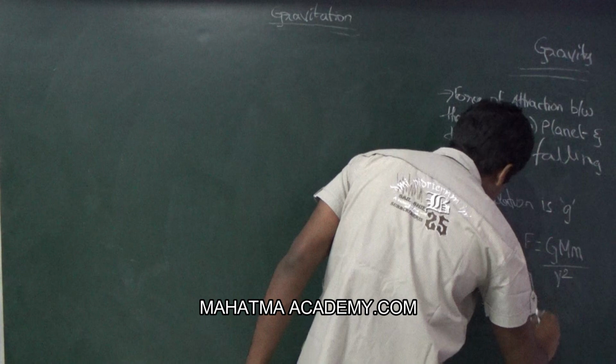The mass of Earth is 6 into 10 to the power of 24 kgs and the radius is 6400 kilometers, and the gravitational constant is 6.67 into 10 to the power of minus 11 Newton meter per kg to the power of minus 2, and we got the value of g on Earth as 9.8 meter per second square. For the moon, it is g of Earth upon 6. And for the sun, it is 27 times the g on Earth.